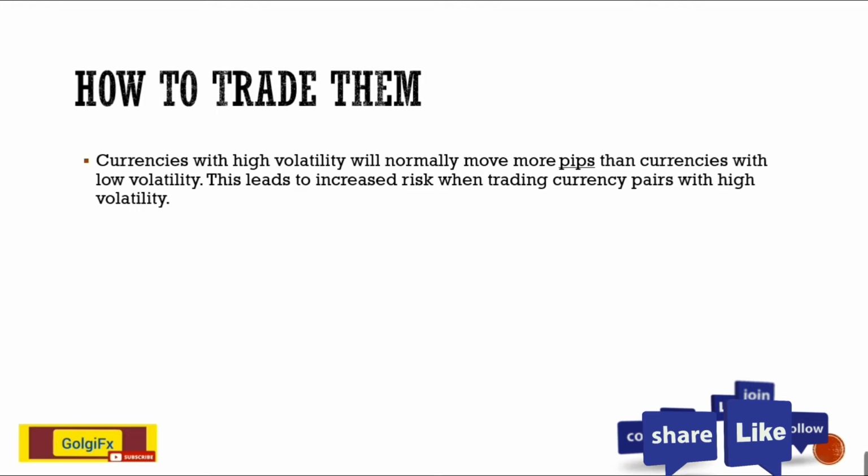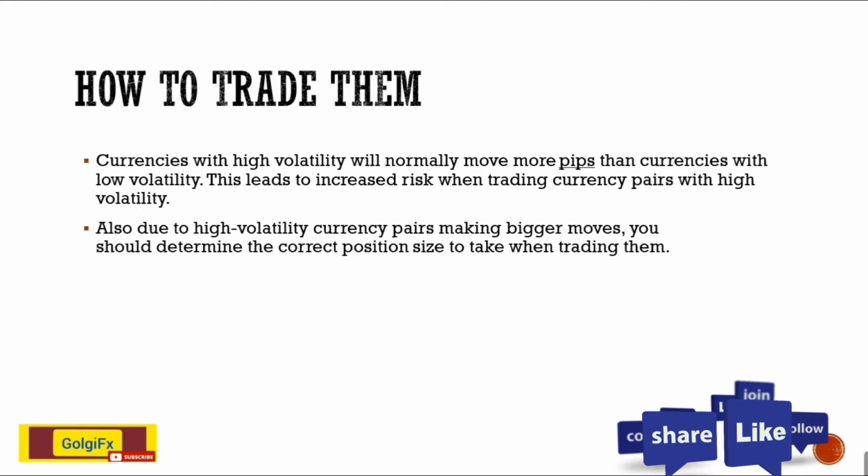As a trader, you have to take note of this. Since high volatility currency pairs make bigger moves, you should determine the correct position size to take when trading. When trading these high volatility pairs, you always have to manage your risk. The second thing is your position size. You shouldn't open a bigger position size.